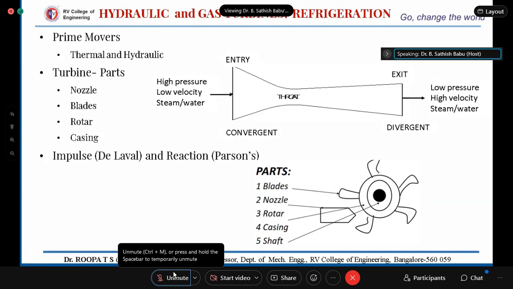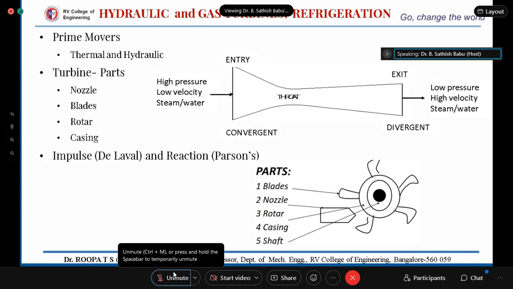So what happens to the pressure? When the crowd increases, the pressure will be more because the crowd is more. Exactly. So when all of you rush towards the door, the door is a very congested area.